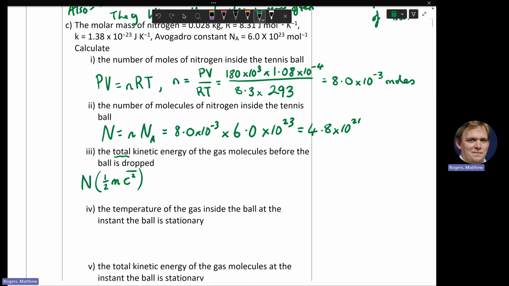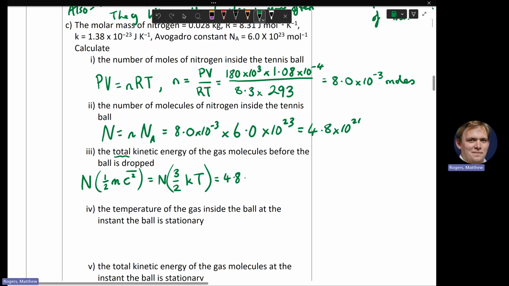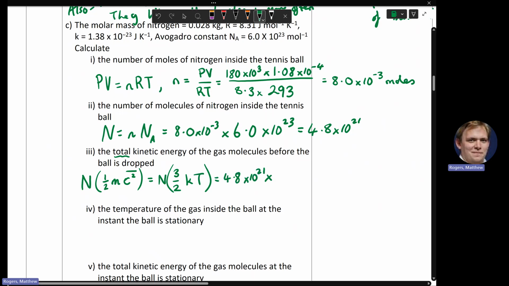This should be equal to N times 3 over 2 kT, because 3 over 2 kT is equal to half m c squared, and we know the values of all of these. So this is 4.8 times 10 to the 21 multiplied by 3 over 2 multiplied by 1.38 times 10 to the minus 23 multiplied by the temperature 293, which is 29 joules.